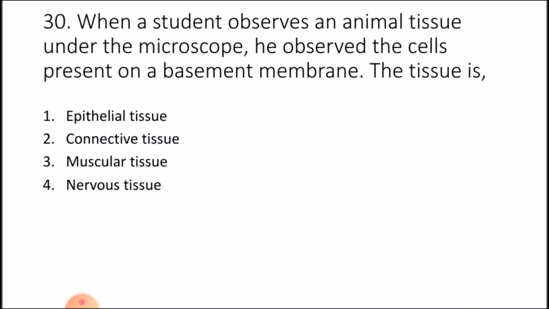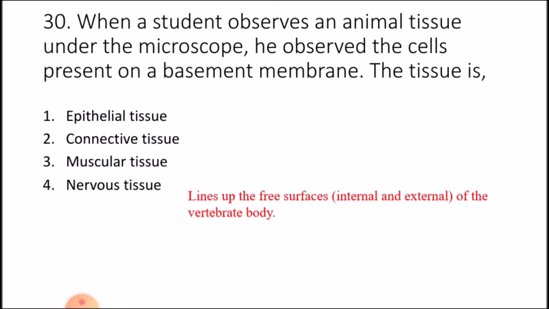Okay, on to the final question of this video. When a student observes an animal tissue under the microscope, he observed the cells present on the basement membrane. The tissue is actually epithelial tissue, because epithelial tissues are attached to a basement membrane.